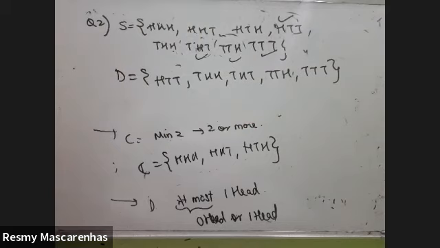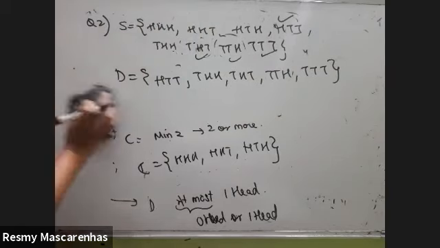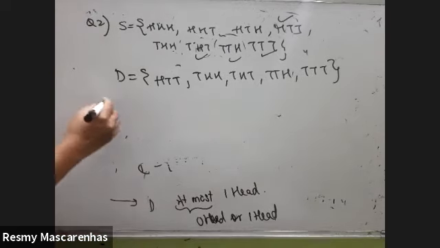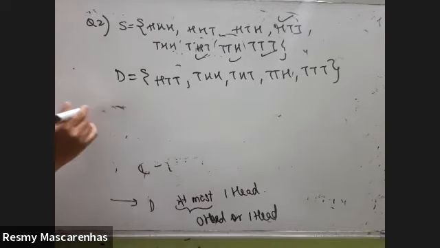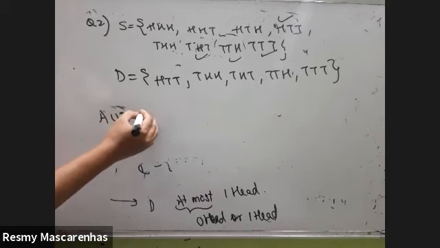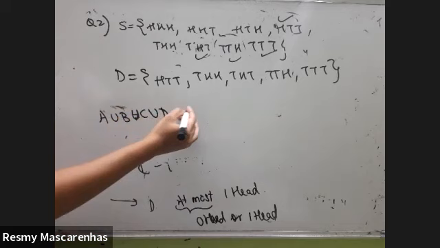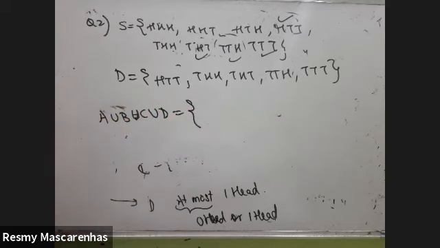Do they form exhaustive events? Exhaustive means we have to combine all A, B, C and D. Exhaustive means I told you, you have to find the union. So are these events forming exhaustive events? So you find the union and check if it is equal to your sample space back.